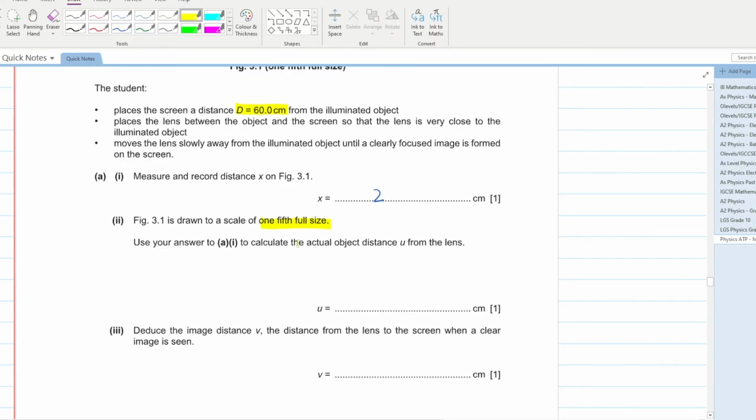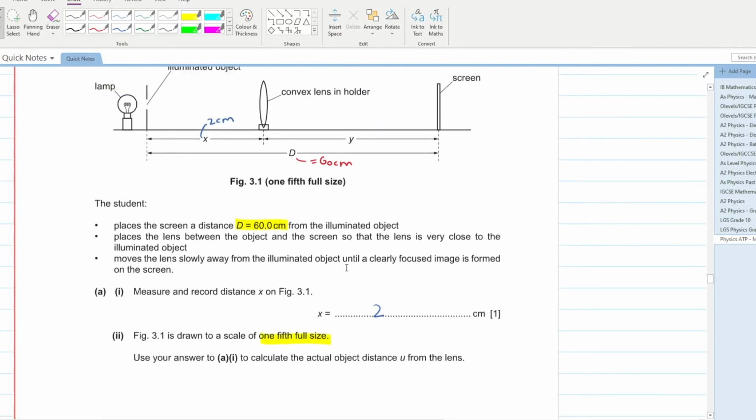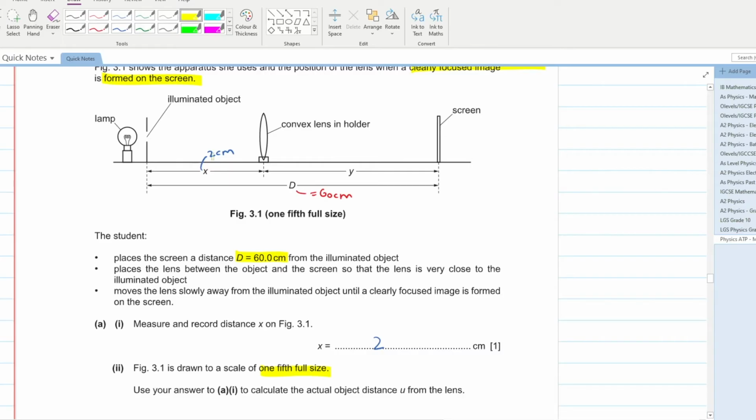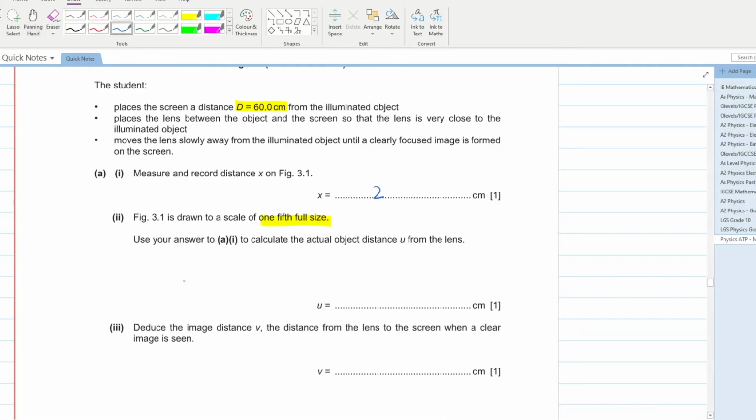Use your answer in part A1 to calculate the actual distance u of the object from the lens. If this is coming out to be 2 centimeter, in actual real life this will be 5 times greater because the diagram is 1/5 times actual life. So 2 into 5 comes out to be 10 centimeter.